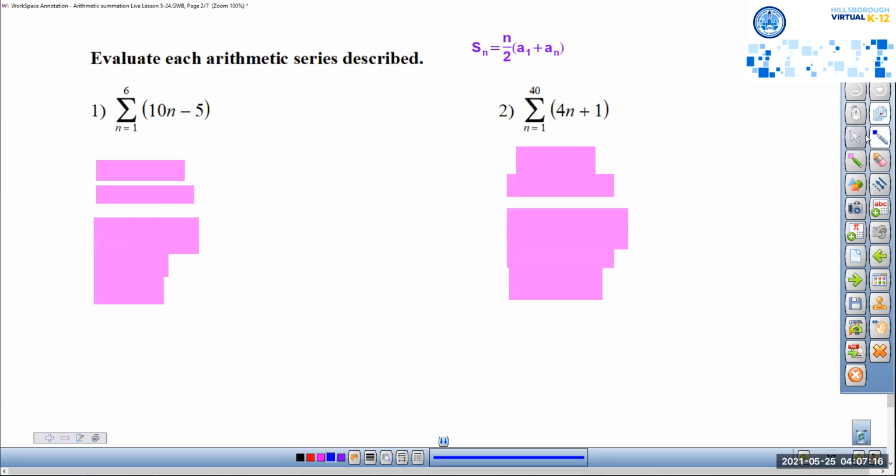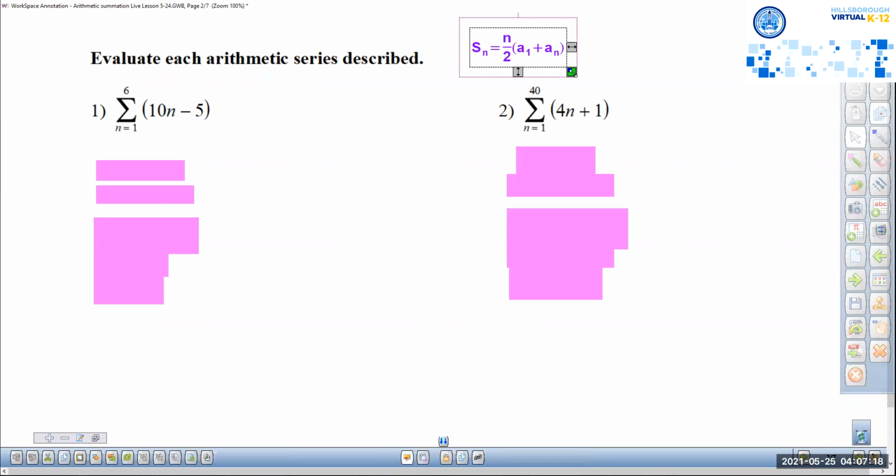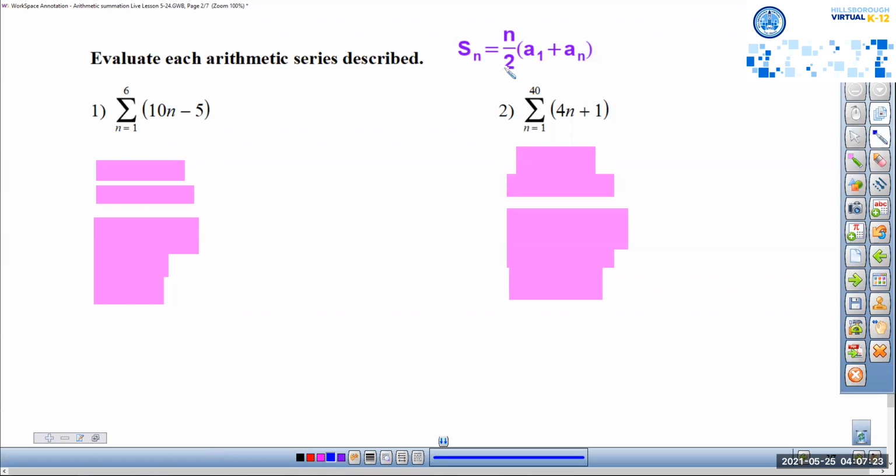So I'm going to start with arithmetic series. And up here at the top, this is the formula for finding an arithmetic series. Your S sub n is the sum of how many numbers, 6 numbers, 10 numbers.